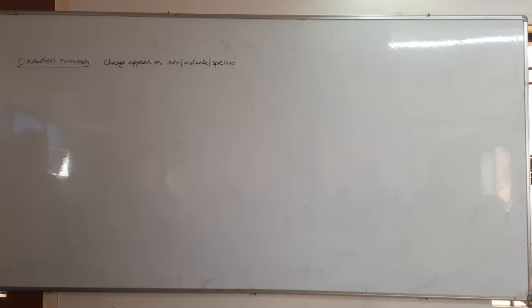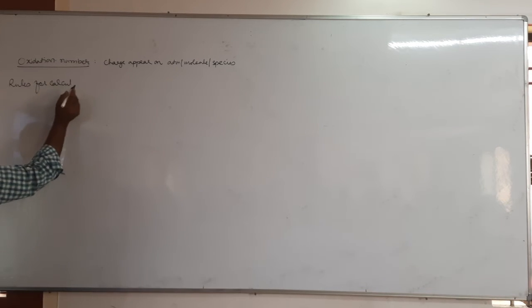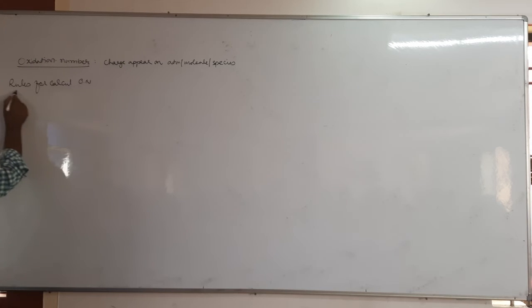But most important are the rules for calculating oxidation number. In the 2019 question paper, one question was based on oxidation number. Okay. Write down the rules for calculating oxidation number.